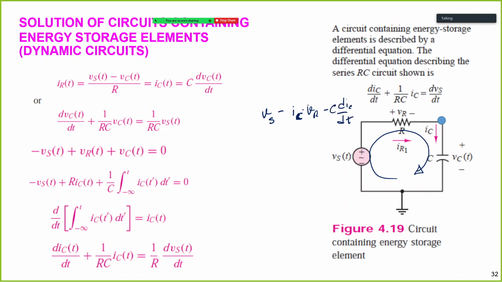Oh sorry, this is R1, so this is R, IC times R. This is VR here, equal to 0, and we can rearrange this equation into this equation, dIC by dt plus, we divide the equation by R and C. Then we got 1 by, oh no, sorry.